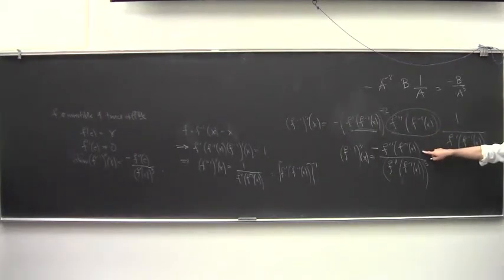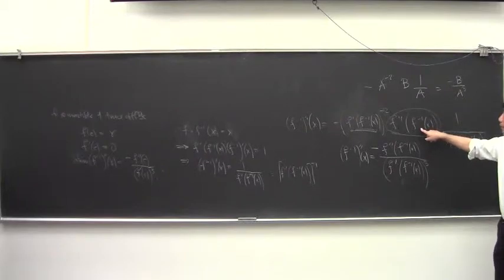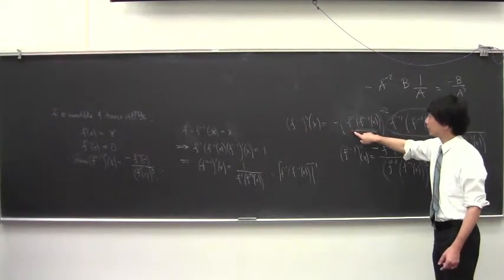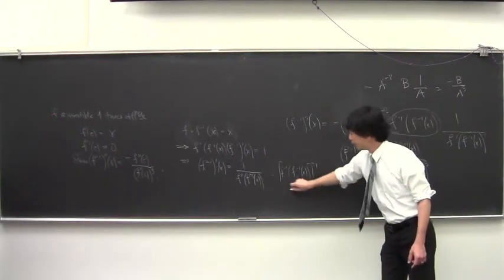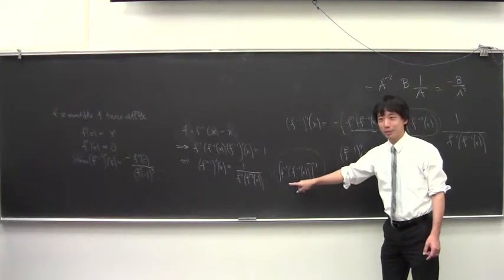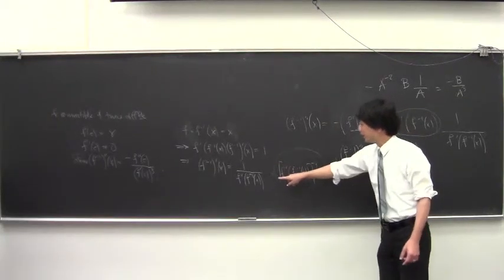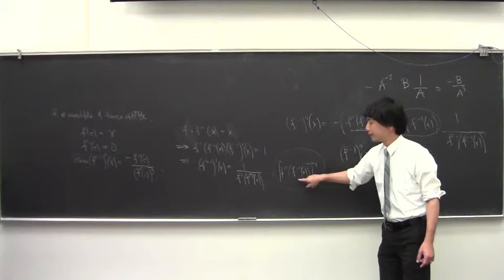Where did you get that one again? Oh, that's from the chain rule. And you leave the inside function. Remember we're differentiating this, so you get negative this to the minus 2 times the derivative of the inside.